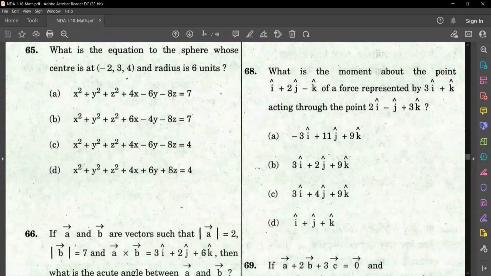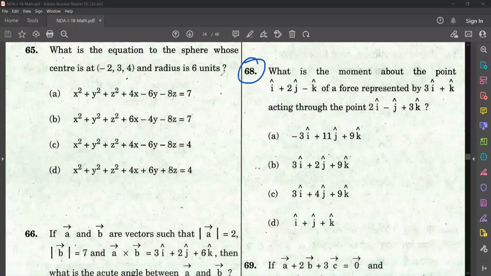Question number 68. What is the moment about the point i + 2j − k cap of a force represented by 3i + k acting through the point 2i − j + 3k?